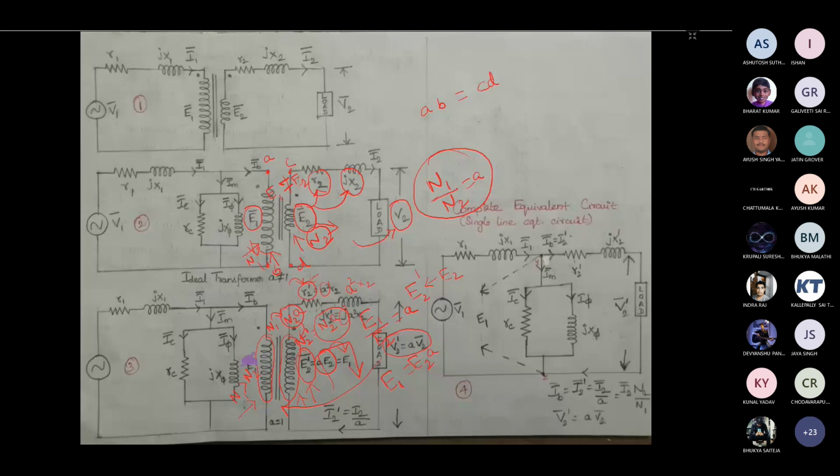I changed n2 so that both turns are equal, so I multiplied with the turns ratio. If I want n2 to be constant and n1 to be changed, you know that n1 divided by n2 is equal to a. Then I should reduce n1 divided by a is equal to n2. So I reduce the number of turns on the primary side by the transformation ratio, and that gives the number of turns on the secondary.